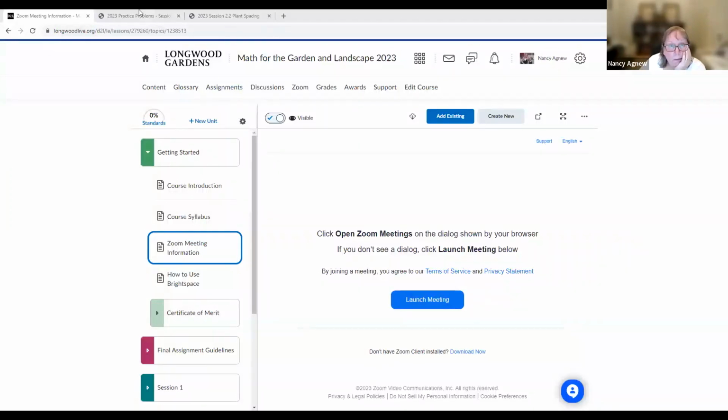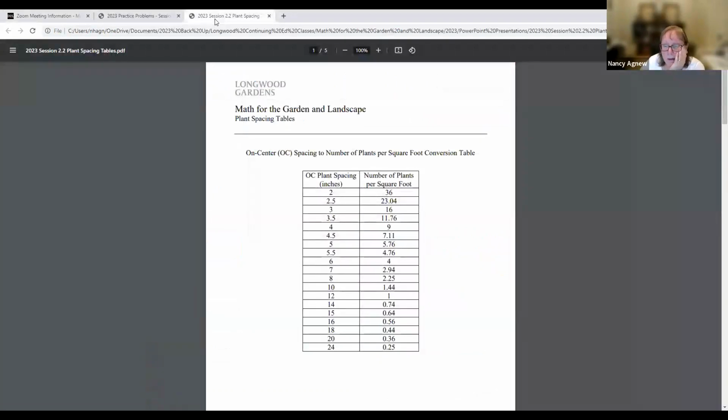Let's see where it is. Let's see if it's on this page. Yeah, I bet it's on this page. Hold on. Okay, do you see my handout? That popped up? Yep, okay, great.